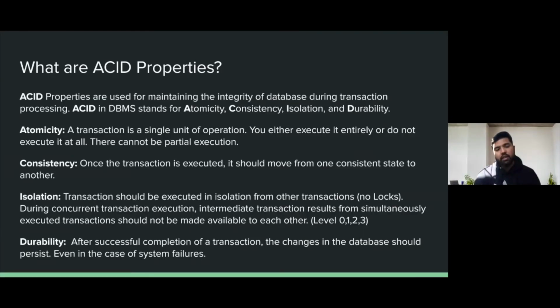Now the last thing: after successful completion of a transaction, the changes in the database should be persisted, even in the case of system failure. These database management systems are running on some systems as well. So it has to be durable.